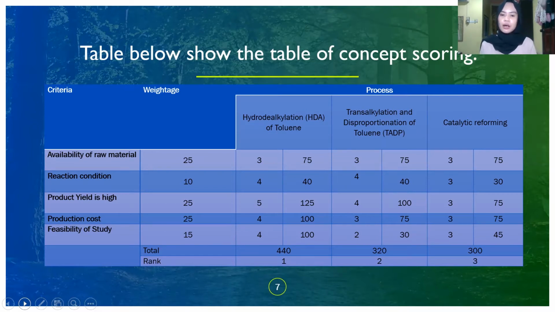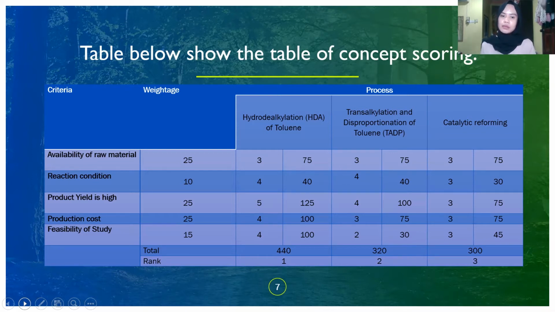Next, the production cost. As mentioned, the production cost of each process is one of the important criteria that need to be looked at. HDA was rated 4, while the other two, TADP and catalytic reforming, are rated 3, because HDA is the cheapest if no catalyst is used, while for TADP and catalytic reforming, both of these processes need a catalyst to make sure that the product can be produced.